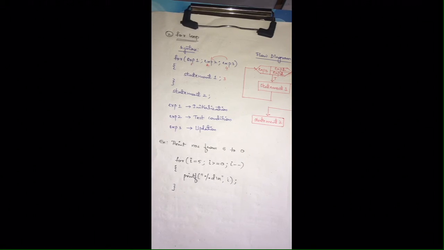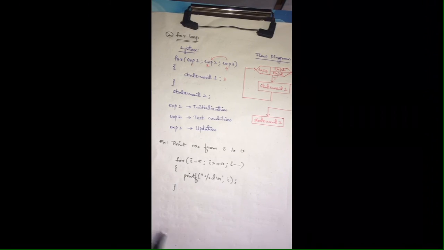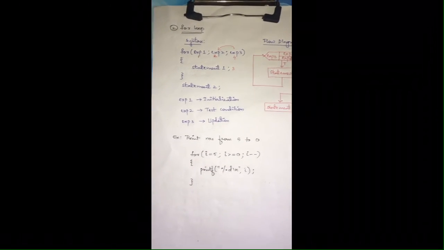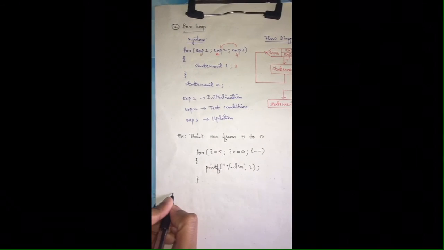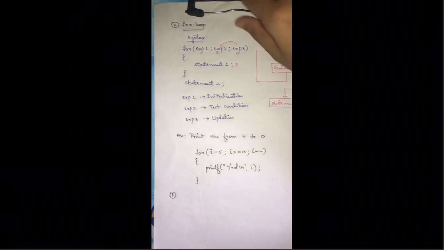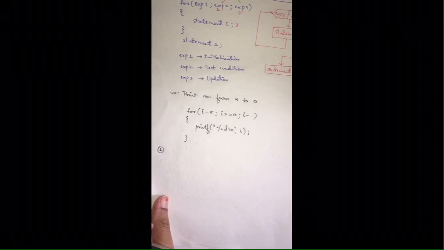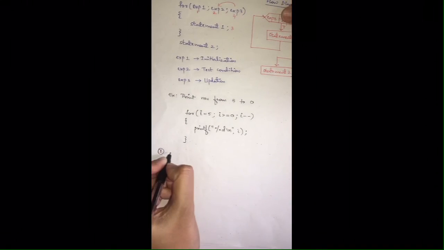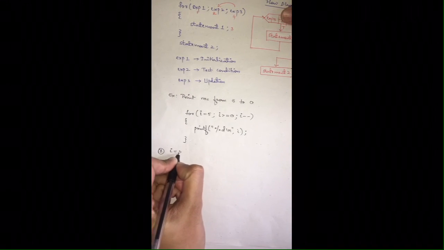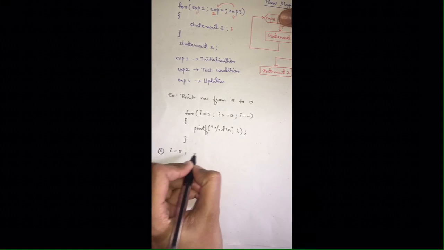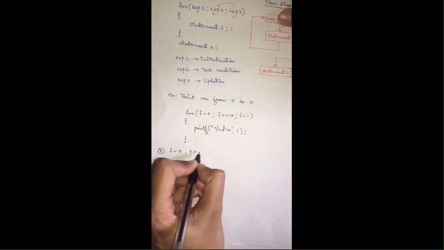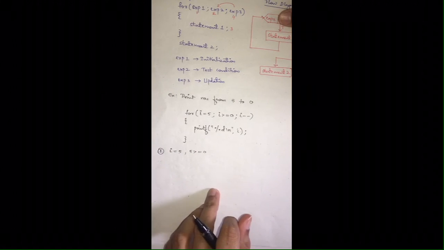Okay, so we'll see now how this loop gets executed. Initially, in the first iteration, we have i equal to 5 and the condition is 5 greater than or equal to 0.